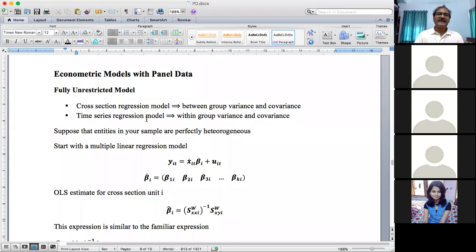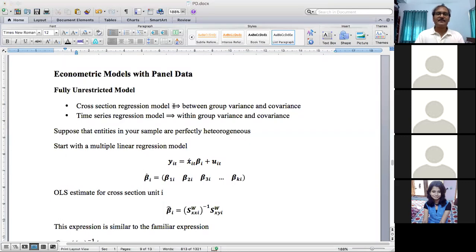Similarly, we can get time series regression model. So if we want to have a time series regression model, in that case, we can use only within group variance and within group covariance. So among the three types of variance and covariance we are discussing, if we use between group variance, if we use between group covariance, we can get a purely cross-section regression model.